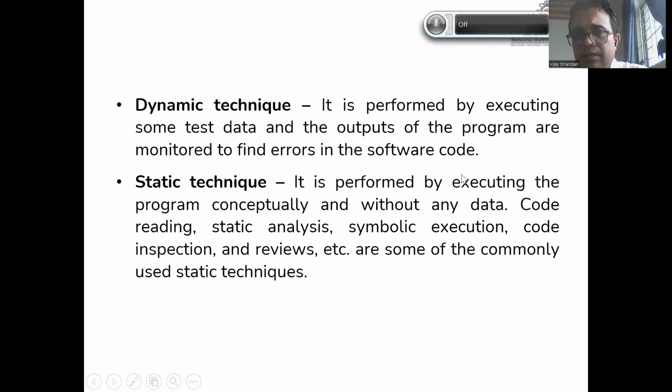Secondly, the static technique is performed by executing the program conceptually and without any data. Code reading, static analysis, symbolic execution, code inspections, and reviews are some of the commonly used static techniques. So these are basically the two techniques: dynamic and static. Hopefully you have understood this topic.